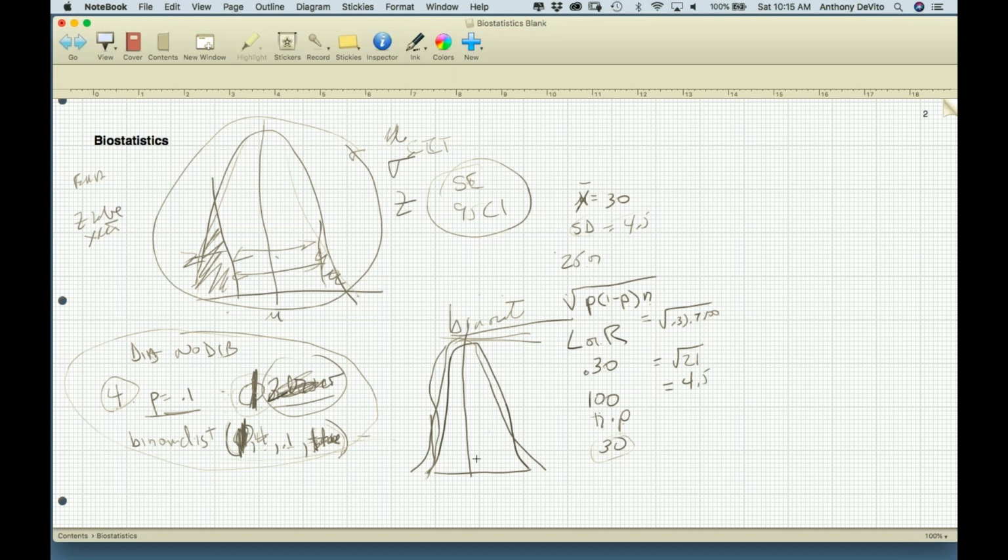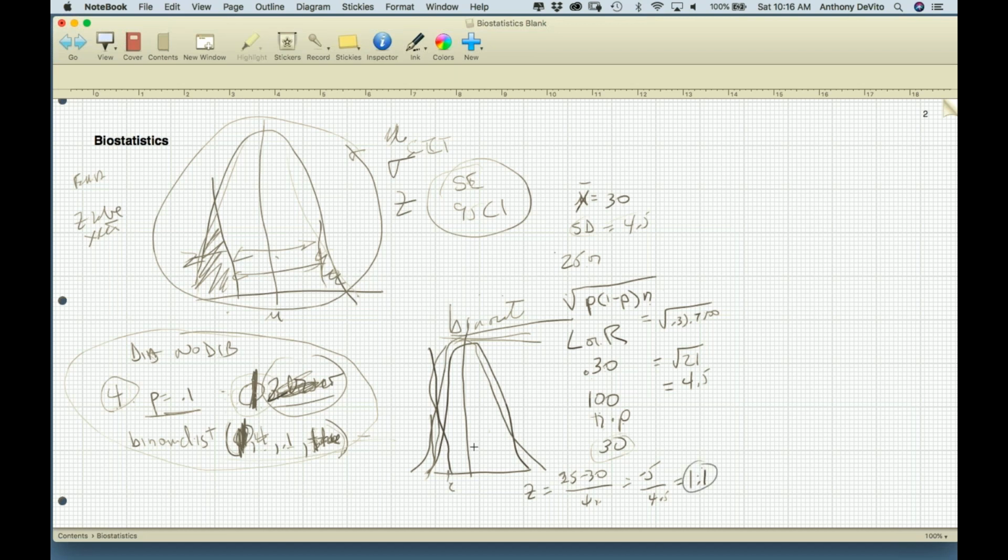Then you can go here and say, wow, now I can say where a person at 25 is over here. So the z-score for 25 is equal to 25 minus 30 over the standard deviation, which is 4.5, which is negative 5 over 4.5, which is roughly 1.1.